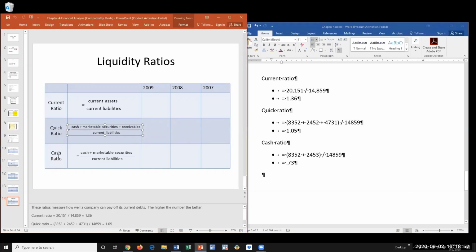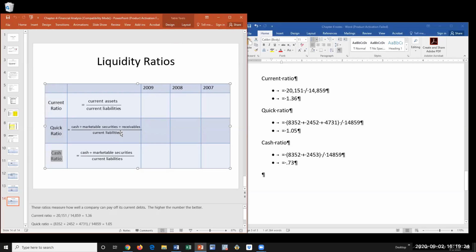The next one is the cash ratio. And this solves another potential problem, because just like we said inventories can be bad, the same thing can be said for accounts receivable. Some companies could be carrying accounts receivable that haven't been paid for over a year, and it's very likely that they may never get paid.